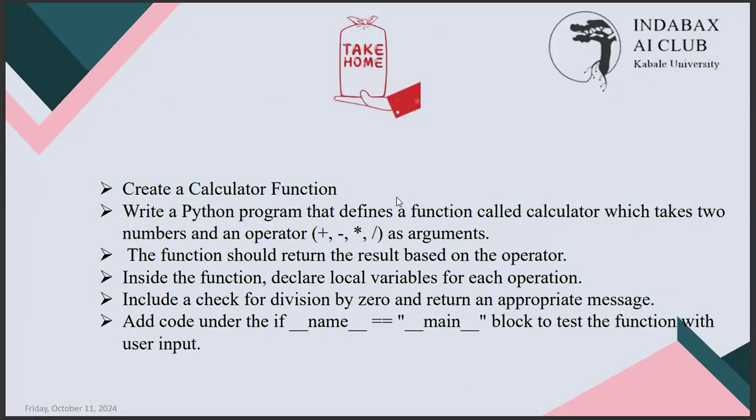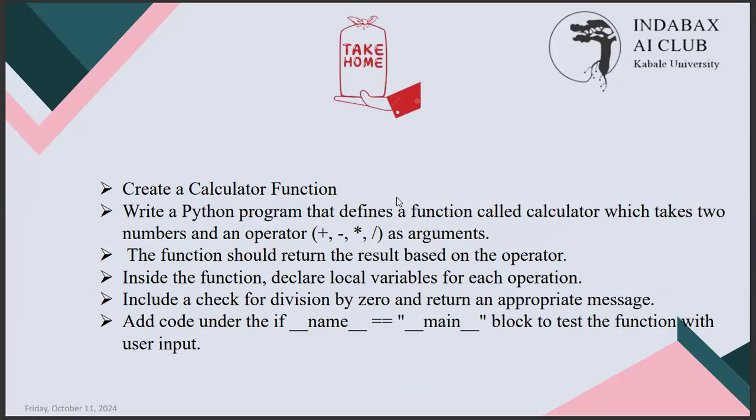Okay, take home for today. You will create a calculator function. How will you do that? You write a program that defines a function called calculator, which takes two numbers and an operator, which means your function is taking in three parameters, two numbers and an operator. Then the function should return the result based on the operator.